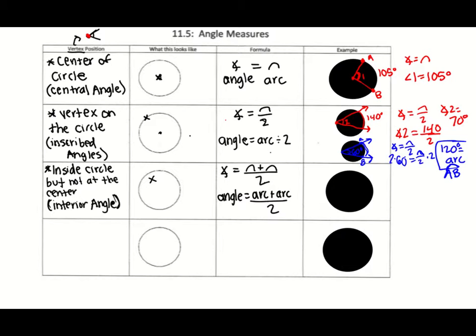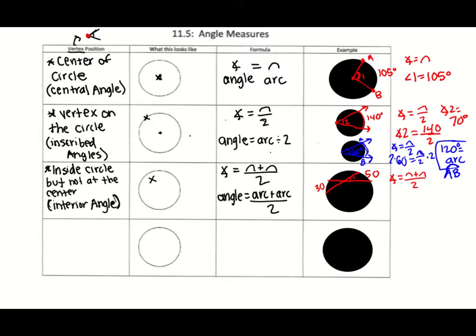So let's look at an example here. If we have lines looking something like this, and we knew this section was 30, this was 50, and we wanted to find this angle 1 right here. We have our equation: our angle equals arc plus arc over 2.